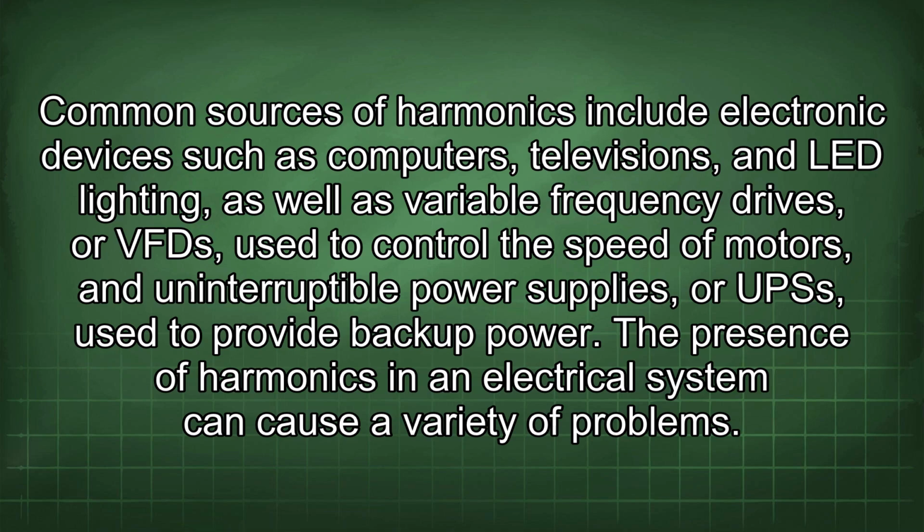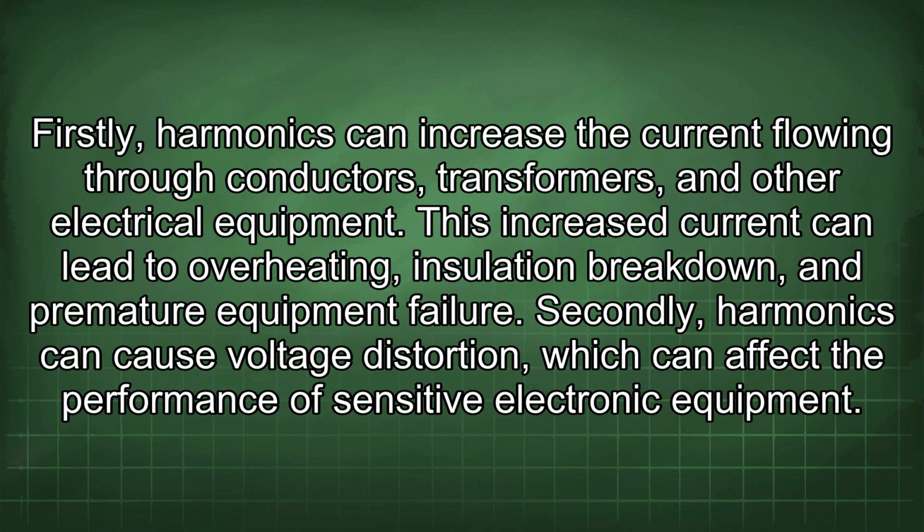The presence of harmonics in an electrical system can cause a variety of problems. Firstly, harmonics can increase the current flowing through conductors, transformers, and other electrical equipment. This increased current can lead to overheating, insulation breakdown, and premature equipment failure. Secondly, harmonics can cause voltage distortion, which can affect the performance of sensitive electronic equipment.